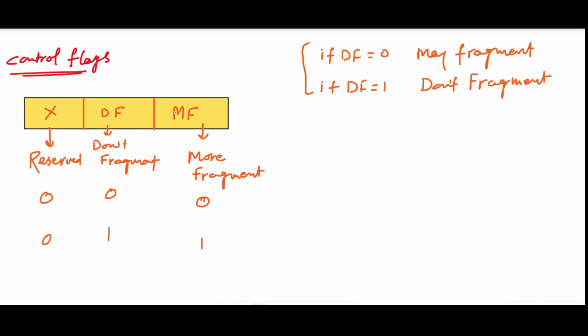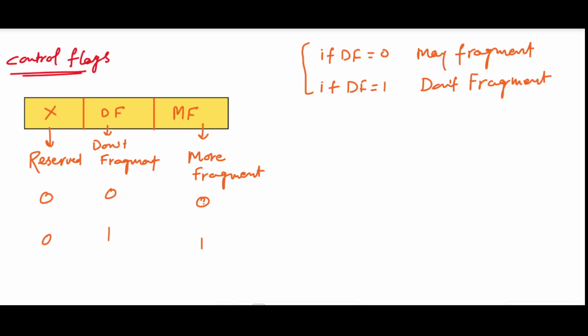Now move on to this point, more fragment. What do you understand if this flag field, more fragment, is set to 0 or set to 1? If more fragment is set to 0, what do you understand? More fragment is 0, that means this is the last fragment.